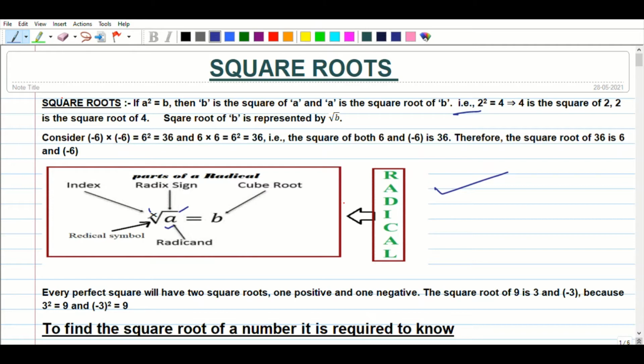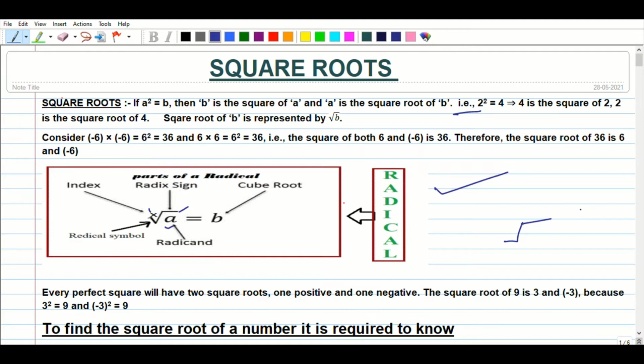But at this stage, we consider only the positive square root, and the symbol is this one. It stands only for the positive square root of a perfect square number.